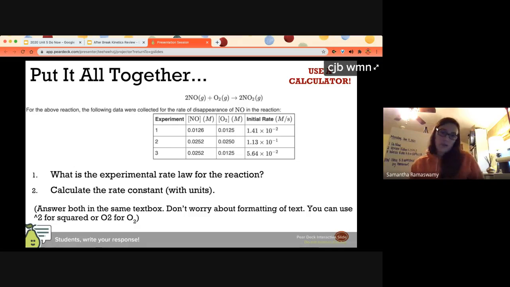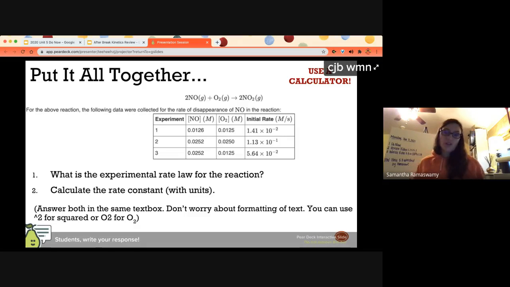From experiment 1 to experiment 3, NO doubles and the rate quadruples. I'll say that again. From experiment 1 to 3, NO concentration doubles, the rate quadruples.